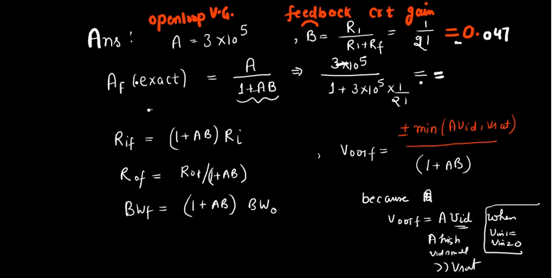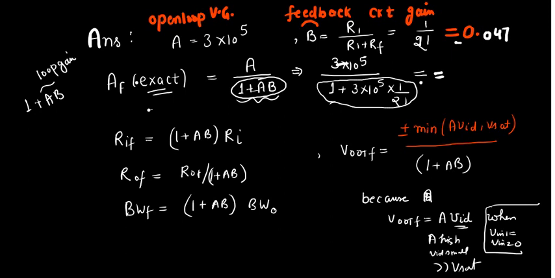And AF exact is A upon 1 plus AB. So before deriving this, just evaluate 1 plus AB. AB is your loop gain. 1 plus AB is a very important term.